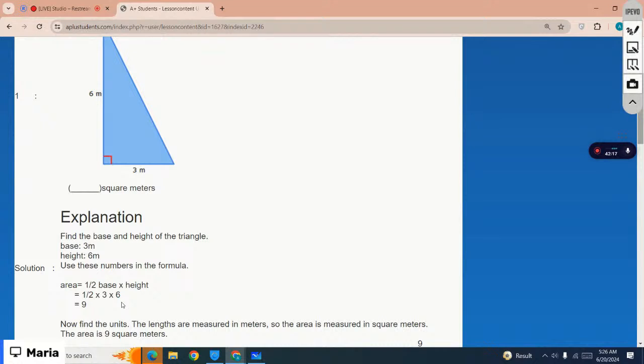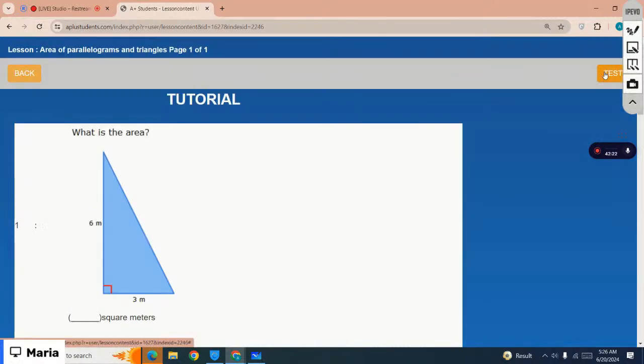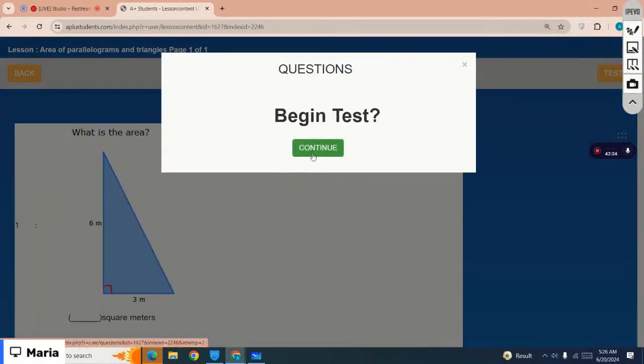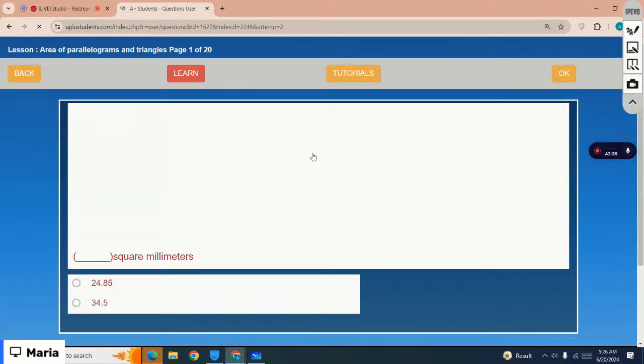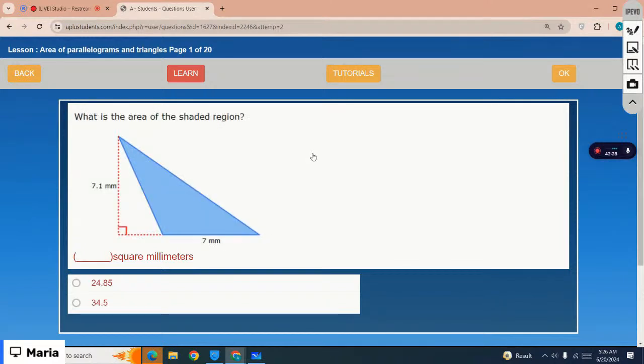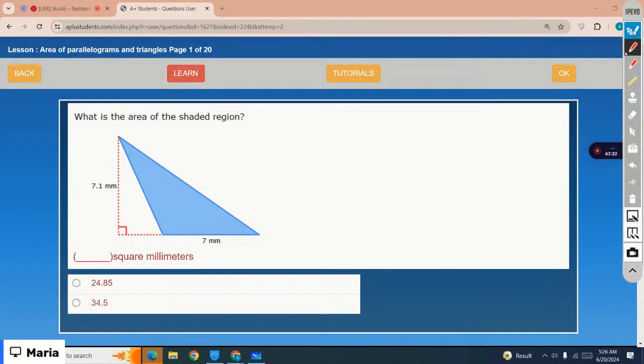Let's just start with the test questions, right? What is the area of the shaded region? You have to calculate the area of the triangle. So that would be half times base times height, right?